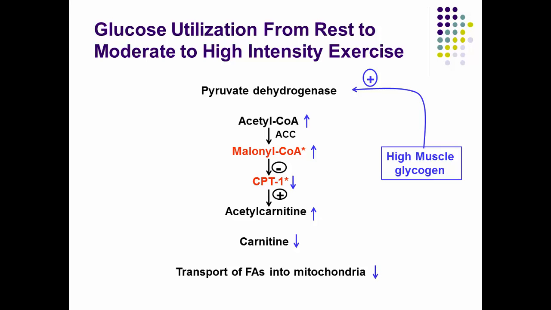And increased malonyl-CoA levels will suppress CPT1 transporter activities, so fewer fatty acids are transported into the mitochondria, leading to less fat oxidation. So this is the relationship between the muscle glycogen store and fat oxidation.